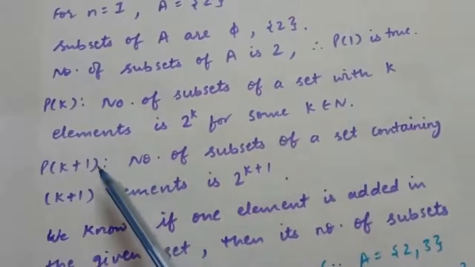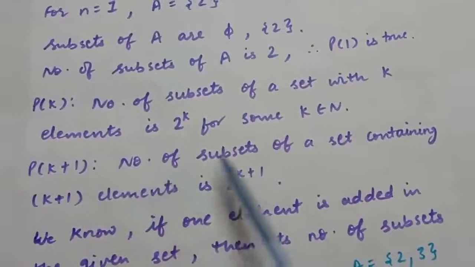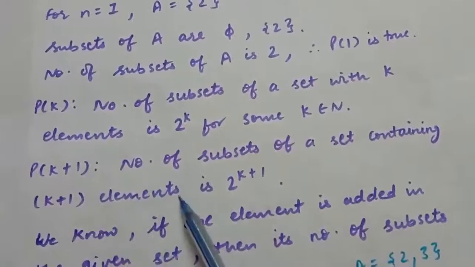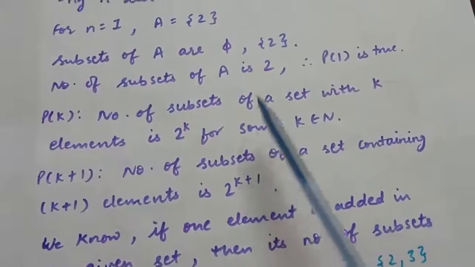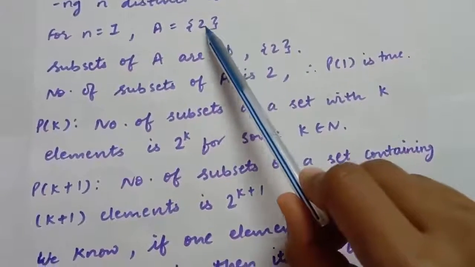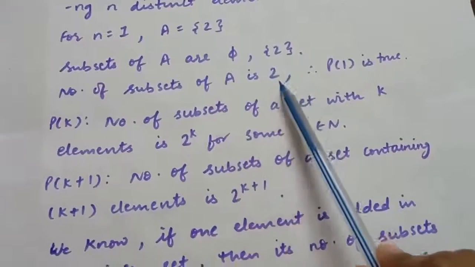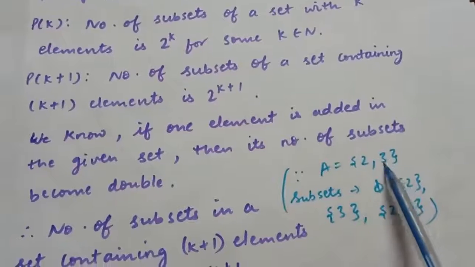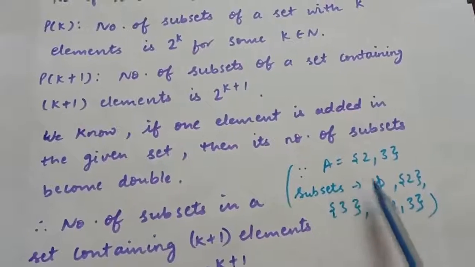Now we will show that it is true for P(k plus 1). So P(k plus 1) is: the number of subsets of a set containing k plus 1 elements is 2 raised to the power k plus 1. Now see, first here A is the set containing one element, then subsets is 2. Now if we add one more element in A, that is 3, then subsets gets double.